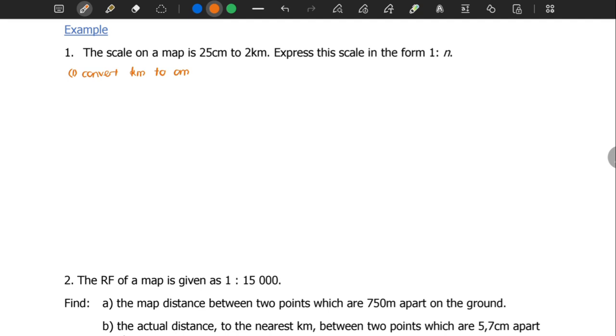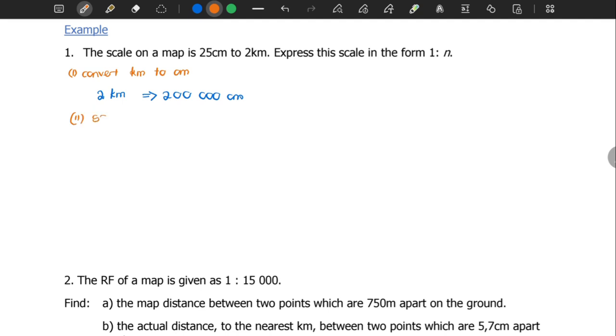So you have 2 kilometers. After the computations, you're going to end up with 200,000 centimeters if you follow what we were doing before.